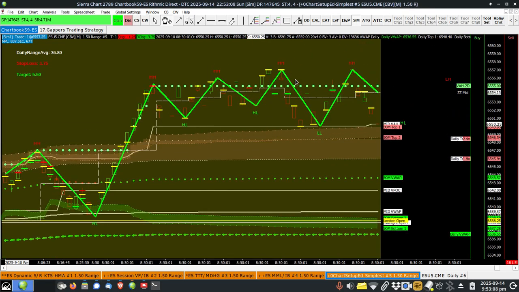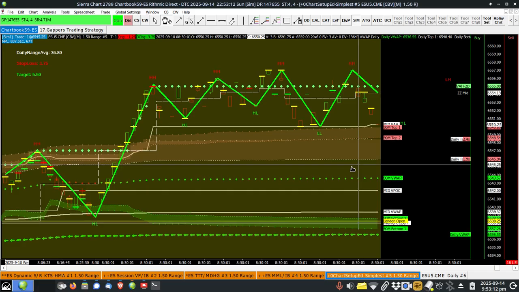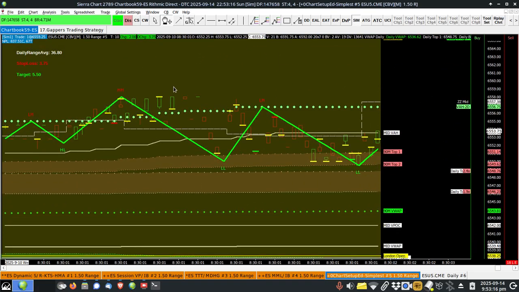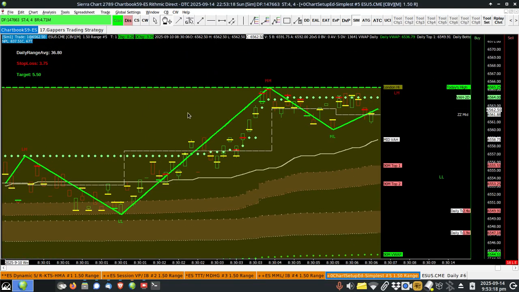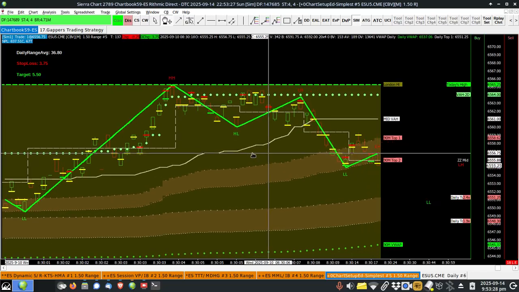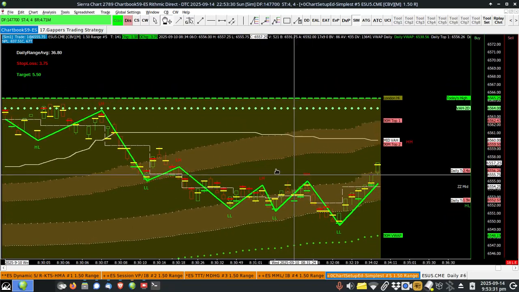I mean, you got a little chop, but you're running right over that value area high, right? It's obviously a buyer's market there. And then almost at the end of Globex at 8:30, you top out, right? And then you come down.